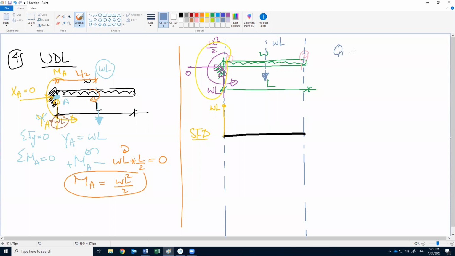So Q1 is WL. Q2, the end of the uniform load, will be WL minus the equivalent force of the uniform load. So WL minus WL gives us the shear equal to 0.